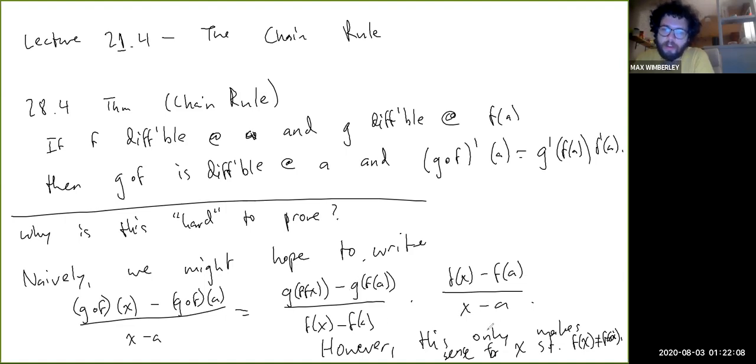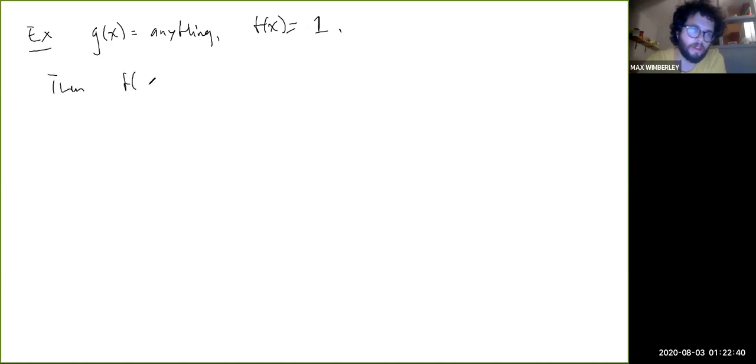However, the problem is that this only makes sense for values of x where f of x is not equal to f of a, and it's possible that f of x might be equal to f of a for any number of values of x arbitrarily close to a. A very simple example: g of x equals anything and f of x is just 1. Then f of x equals f of a for all x, whatever a might be.